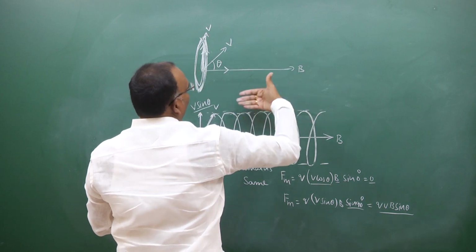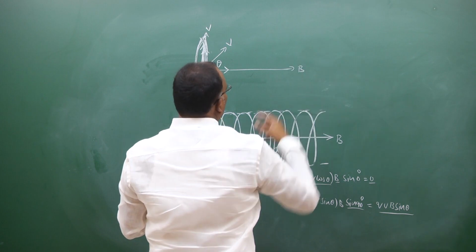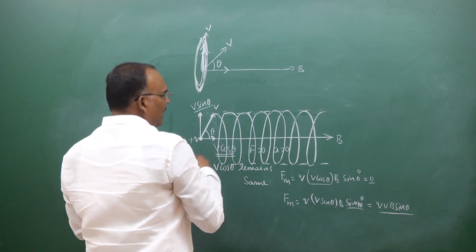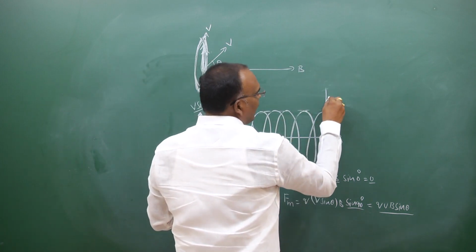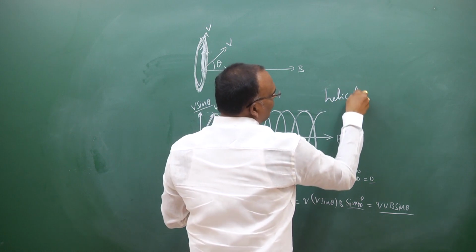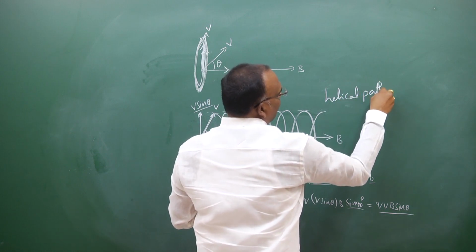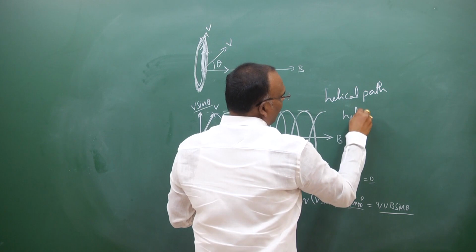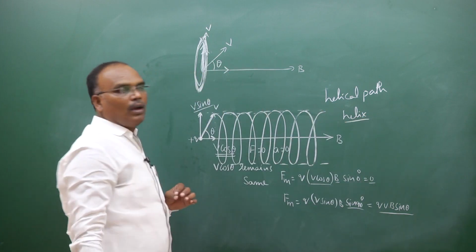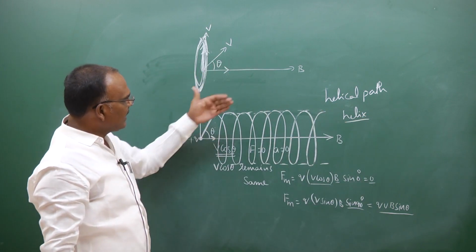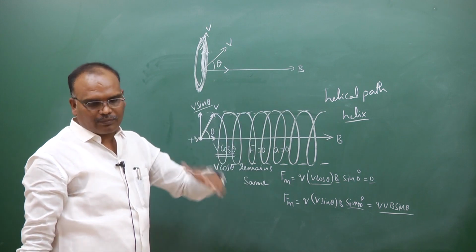The path traced by a charged particle is called a helical path. This can even be called a helix. In this way the charged particle will move.